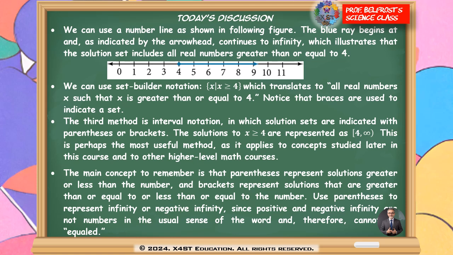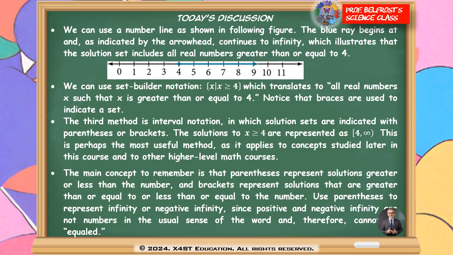For the number line shown in the figure, how can we express the solutions? You can use set builder notation as shown in the slide, which translates to all real numbers x such that x is greater than or equal to 4. So we have discussed two ways to express the solution set.